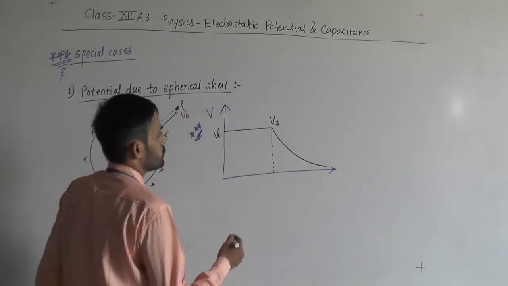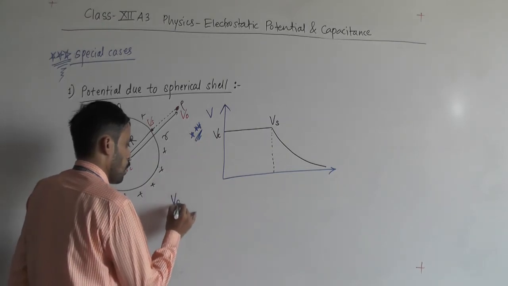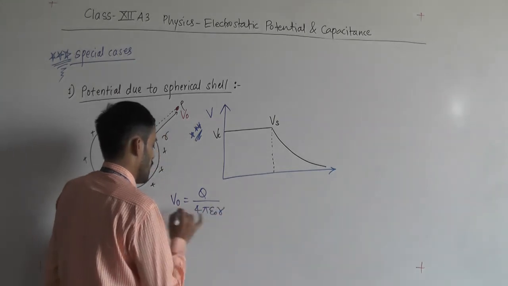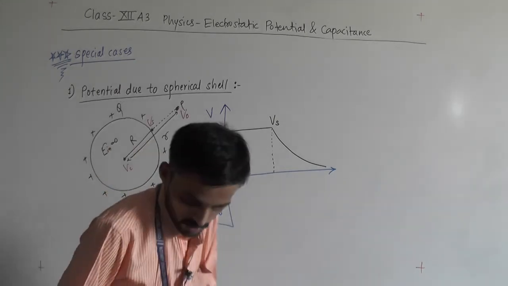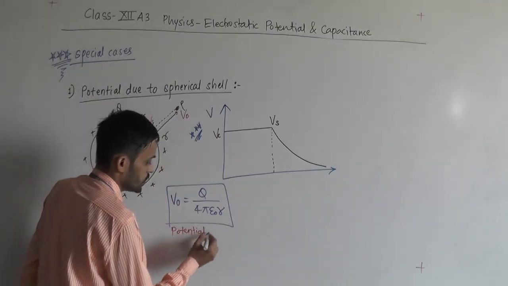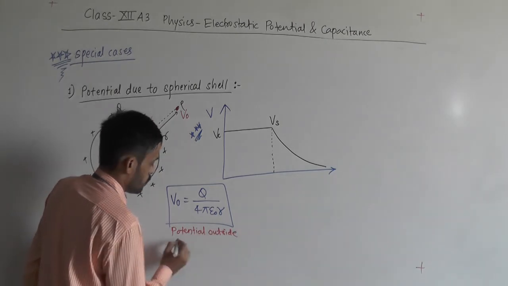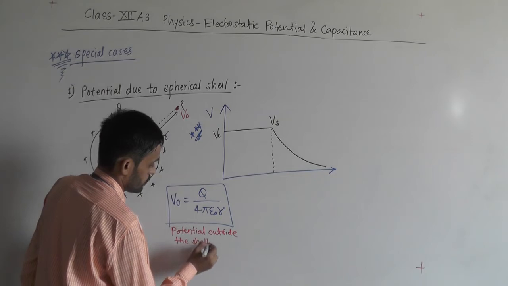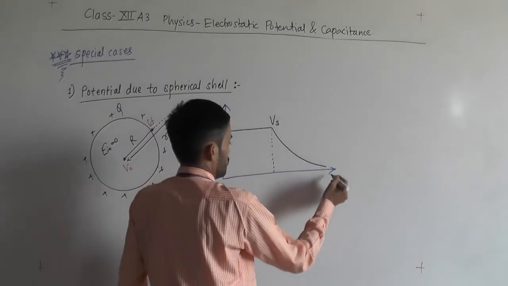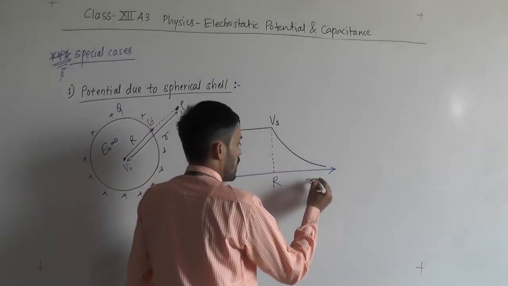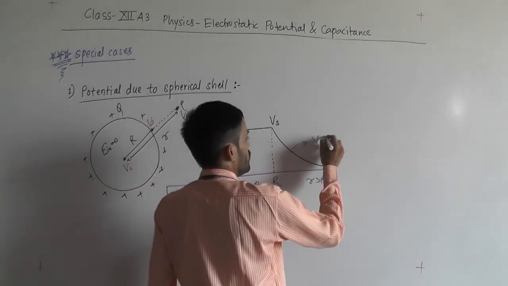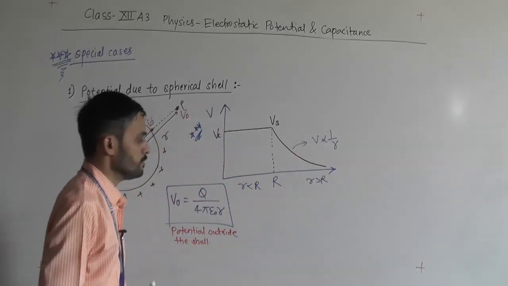So VO will be Q upon 4 pi epsilon naught R. This is called potential outside the shell. तो यहाँ पे outside मतलब यहाँ R करेंगे, R greater than R, यहाँ पे R लेस देन R एंड यहाँ पे R इज इक्वल टू 0. तो यहाँ पे कैसे चलेगा, V इज प्रोपोर्शनल टू 1 by R.